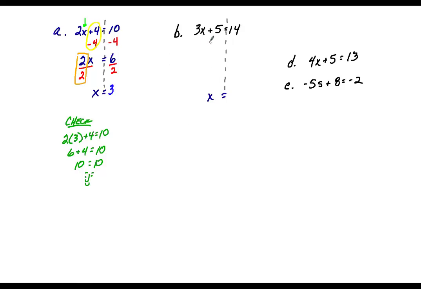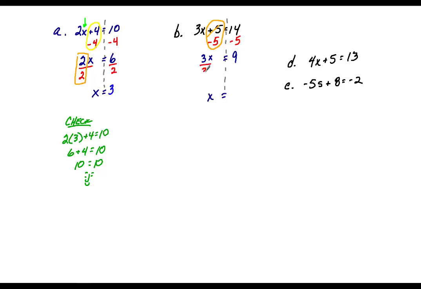So the first thing I need to undo is adding 5. I'm going to undo it by subtracting 5. That is going to cancel out. Boom. And it's going to leave me 3 x's over here. I'm on my way to getting x by itself. Over here, 14 take away 5 is going to leave me 9.